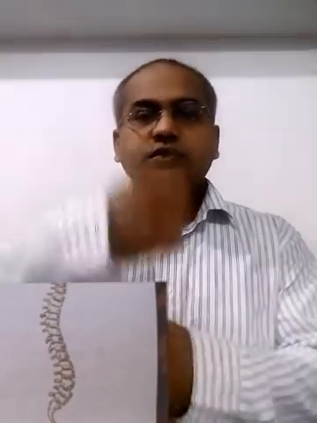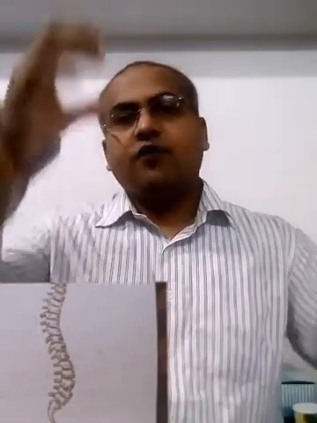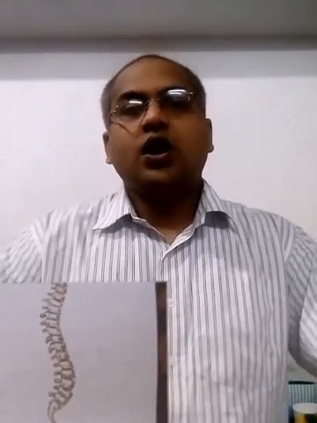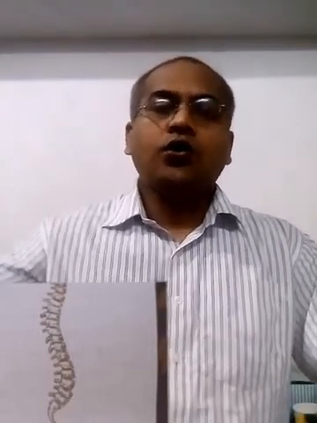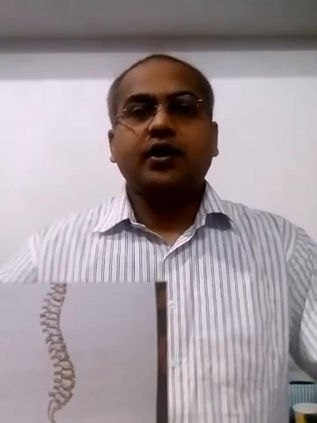They sit over each other and form a long structure which supports our body, and they produce a hollow structure among themselves, and through that the spinal cord passes. This way they protect the spinal cord.